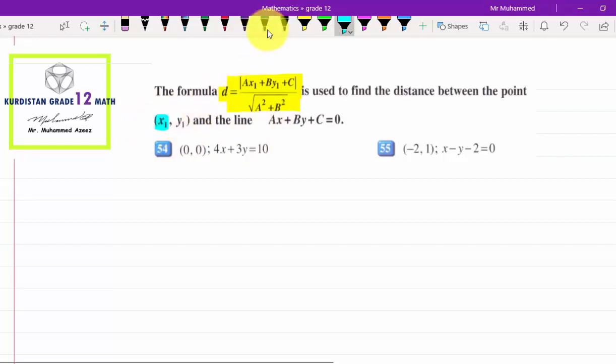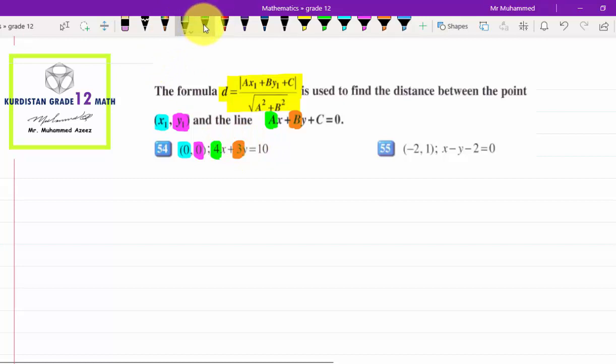The first entry in the ordered pair is x1 and the second entry is y1, and always from the equation, a is the number before x, the coefficient of x, and b is the number before y, the coefficient of y, and c is a constant alone, but it must be on this side. Here this 10 is not representing c unless it goes to the other side.